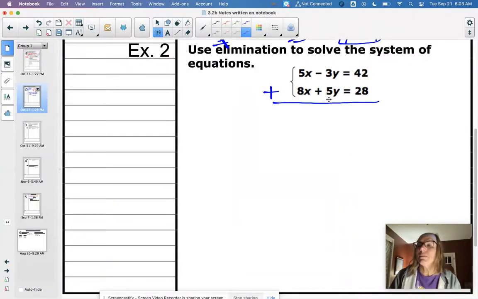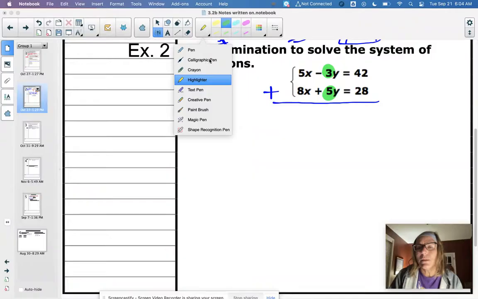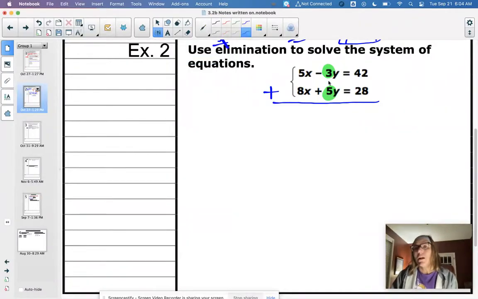Well, in this case, because the 3 has a negative and the 5 has a positive, they'll probably be the easiest to eliminate. So let's highlight something here. We have a 3 and a 5. What number will 3 and 5 both divide into? Well, 15.